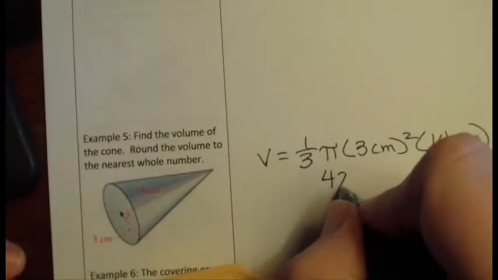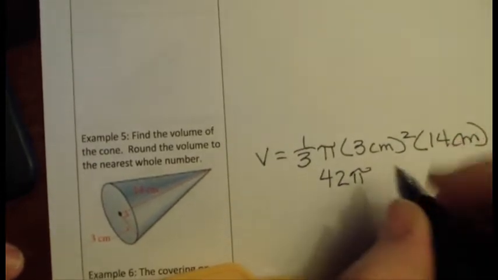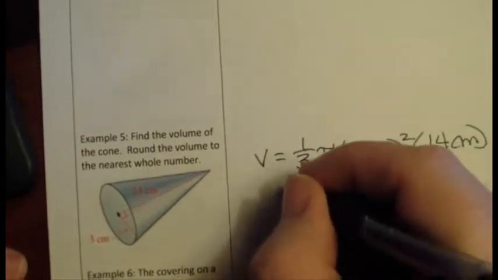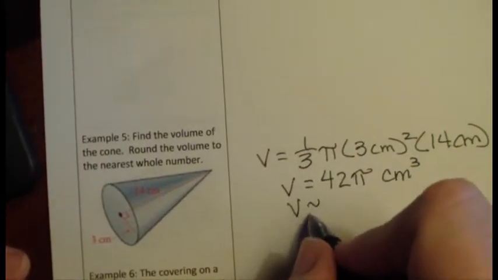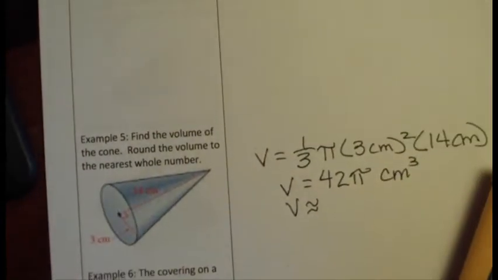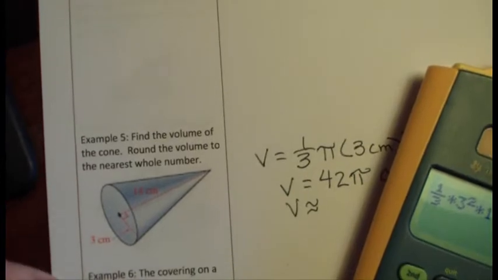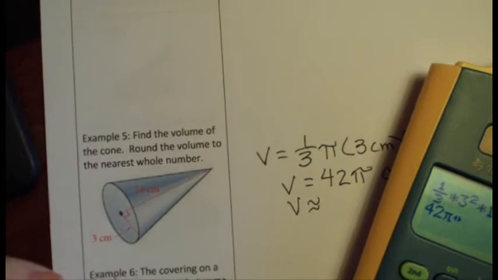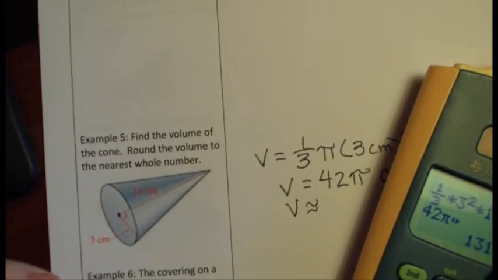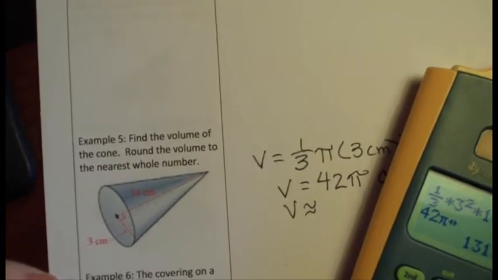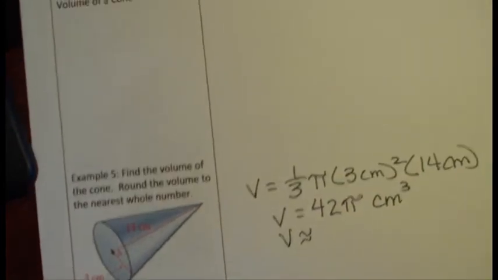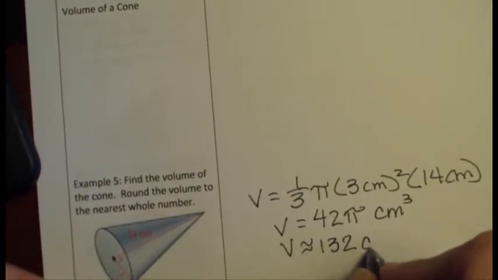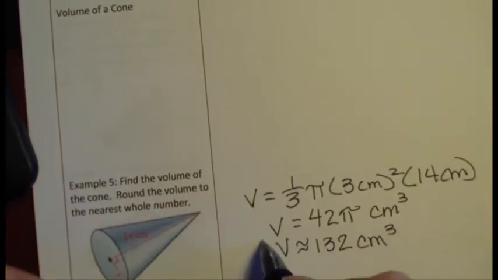So 42 pi would be our exact solution if that's what it wanted. But it wants an approximation rounded to the nearest whole number. So 42 pi is approximately 131.9, so to the nearest whole number would be 132. So our volume is approximately 132 centimeters cubed.